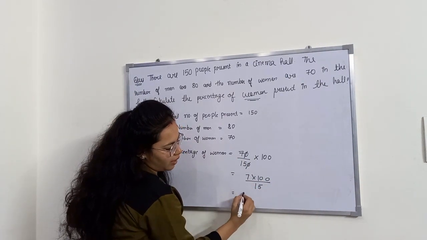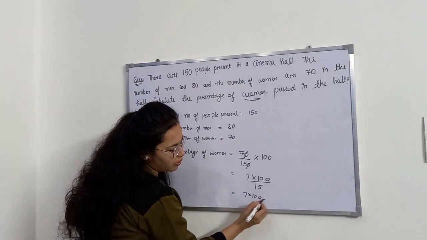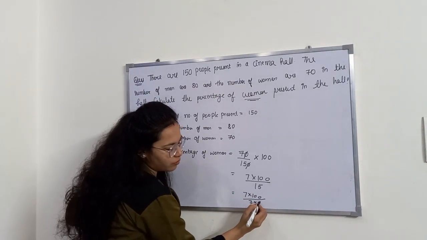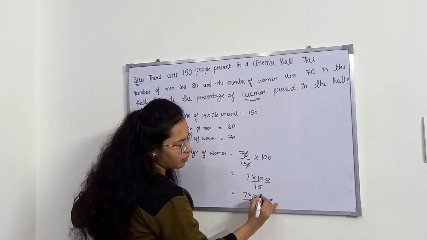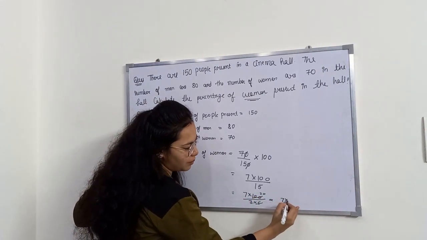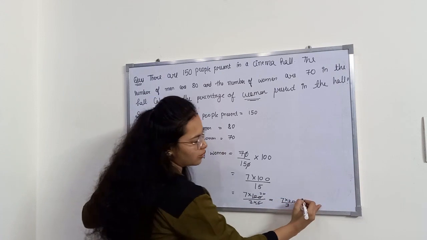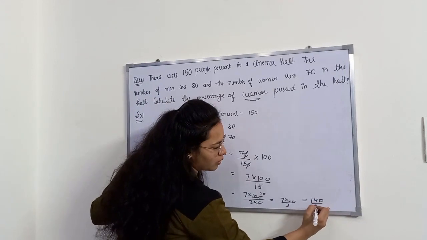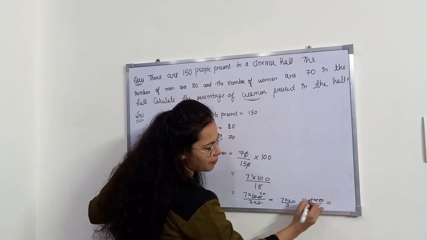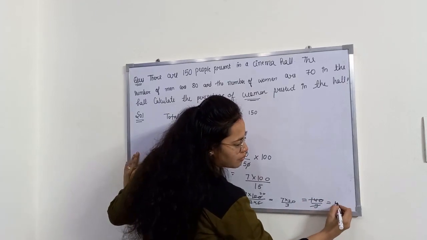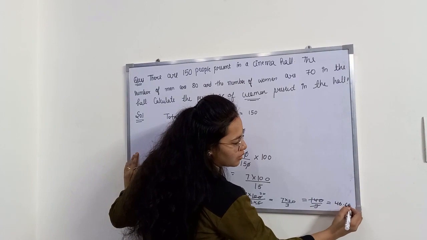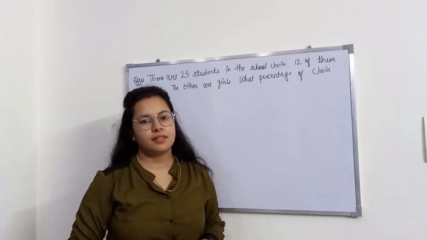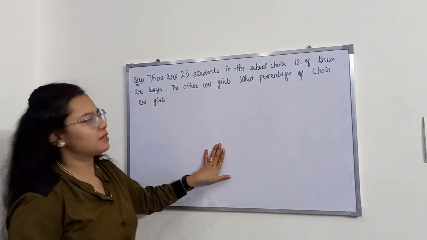We can write 15 as 3 multiply 5. Right? So now we can simply divide 100 by 5. That is 20. 7 multiply 20 by 3. That is 140 by 3. Eliminate it. 3, 4 times is 12. Then 46.66%.